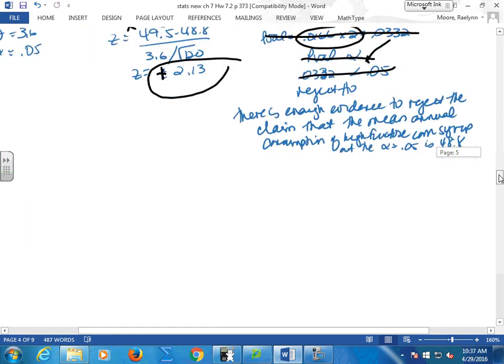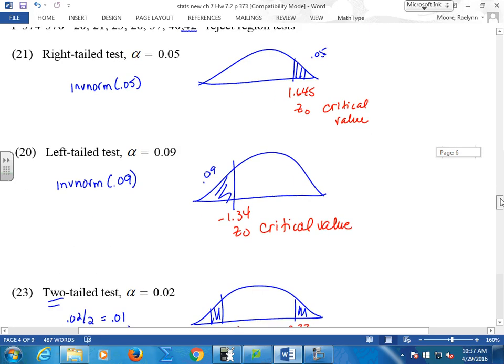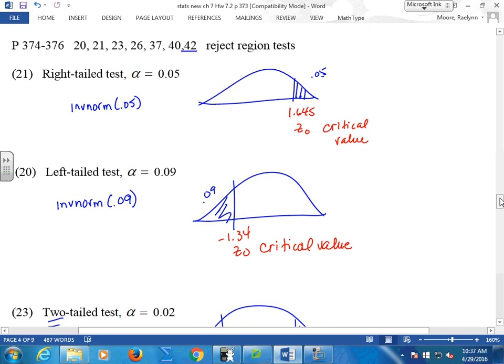Okay, then 21 and 22, I just asked you to find me the critical value, the cutoff. Now, if you're on a right tail test and you do inverse norm 0.05, you are getting negative 1.645. But I'm on the right side, so what does that have to become? Positive.